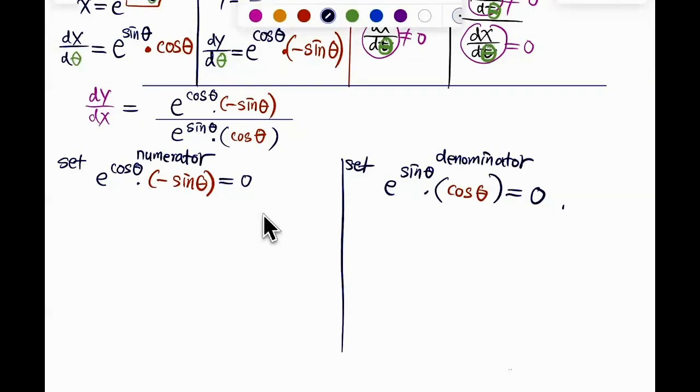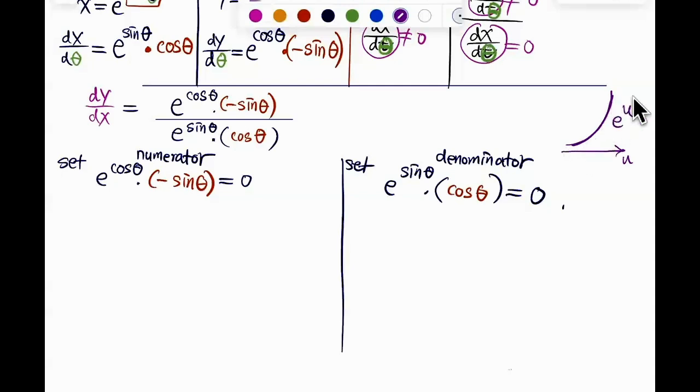First of all, e to the cosine theta, will that ever equal 0? It cannot, because do you remember the exponential function? e to the u, it's always going to be above the axis.